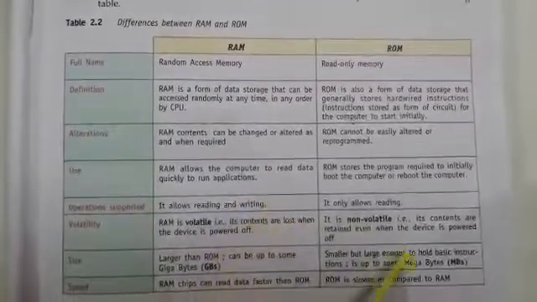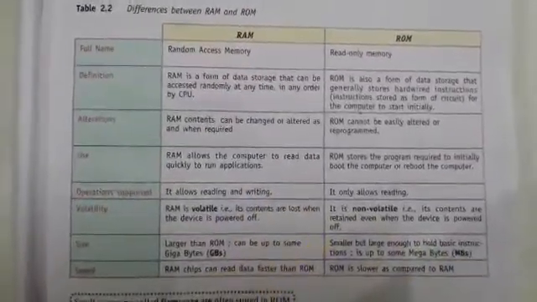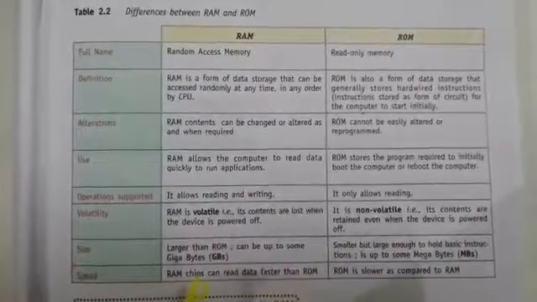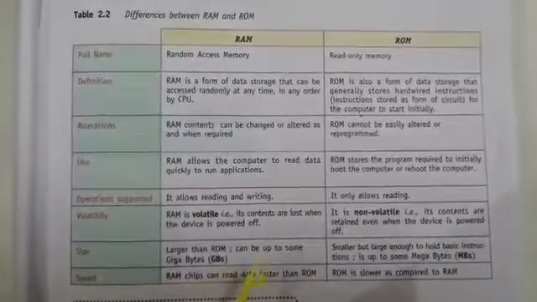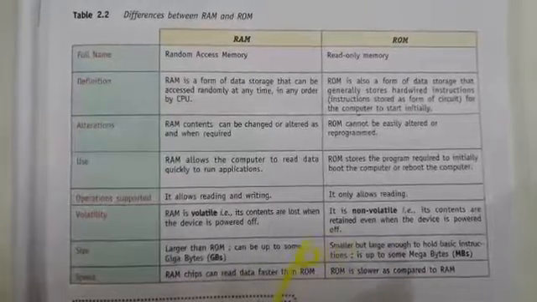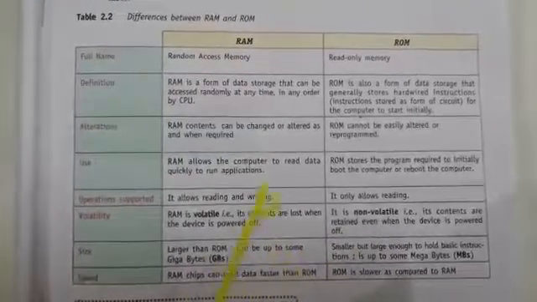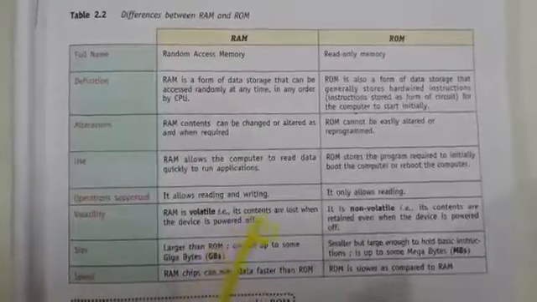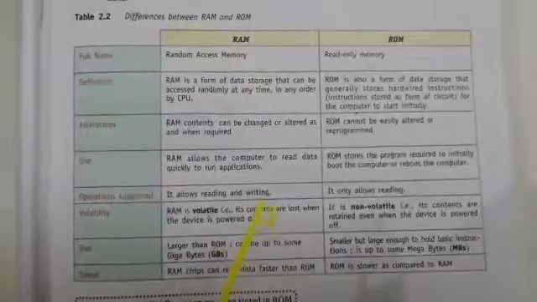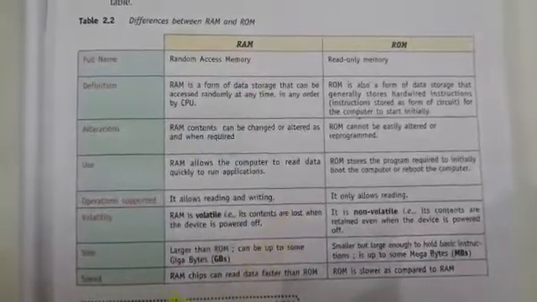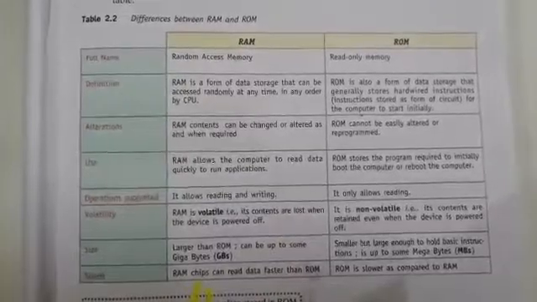The size of ROM is in MBs only. And then, RAM is faster than ROM, and ROM is slower as compared to RAM. So these are the basic differences between RAM and ROM. Please make notes of it in your copy.